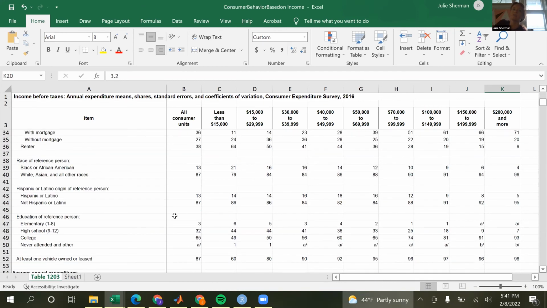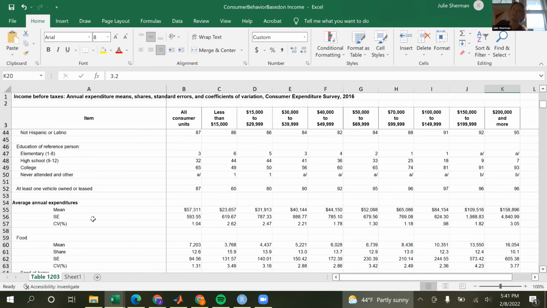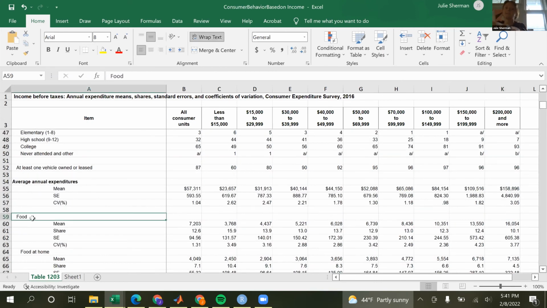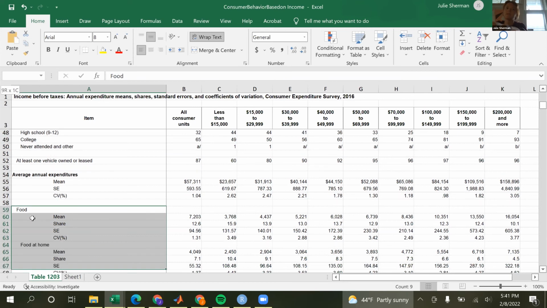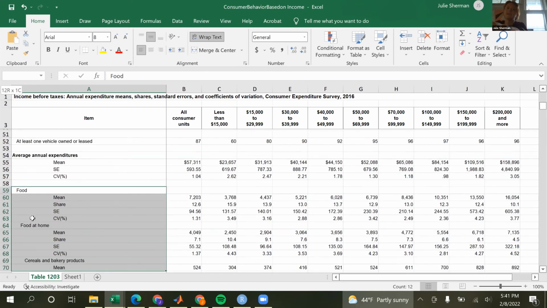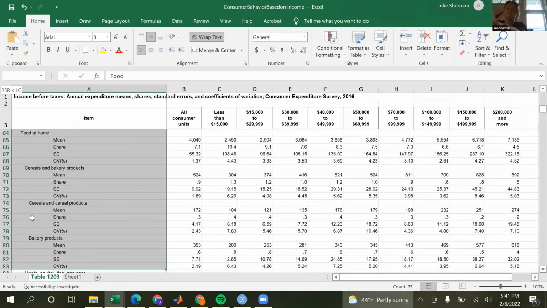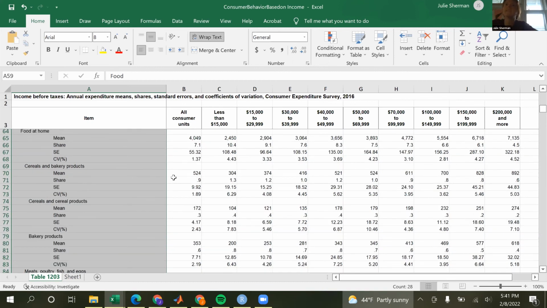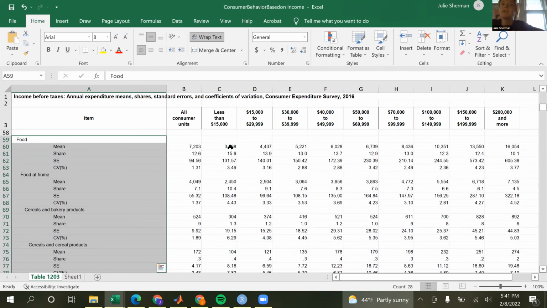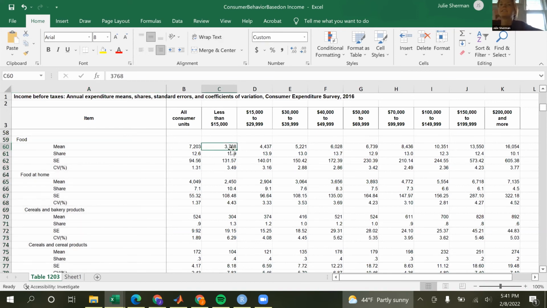Then if we scroll down, this is what I think is going to be really important. All this data here. So we see our average expenditure on food. We're estimating that if you're making less than 15K, then you're spending almost 3.7 thousand of that on food each year.